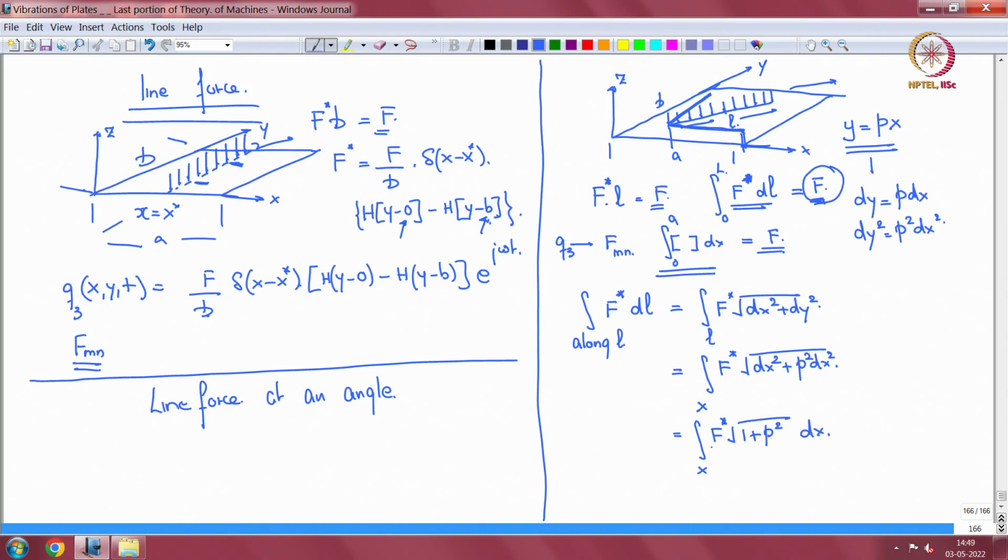So, this augmented force along the x direction is equal to the F star along the L direction. So I need this factor over here to keep my amplitudes correct. Okay. So now it is pretty straightforward from here.